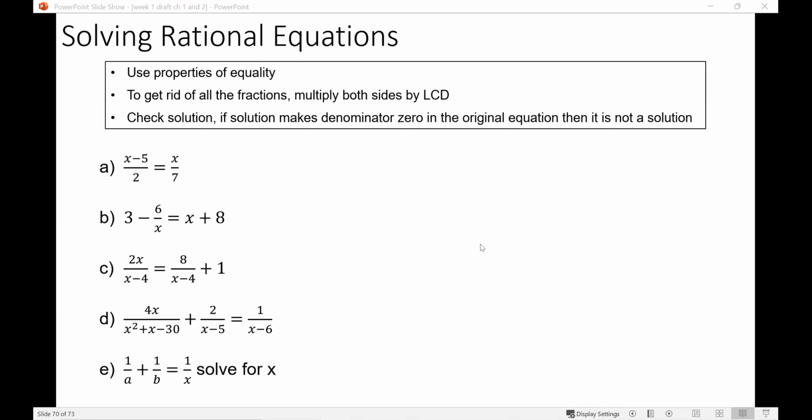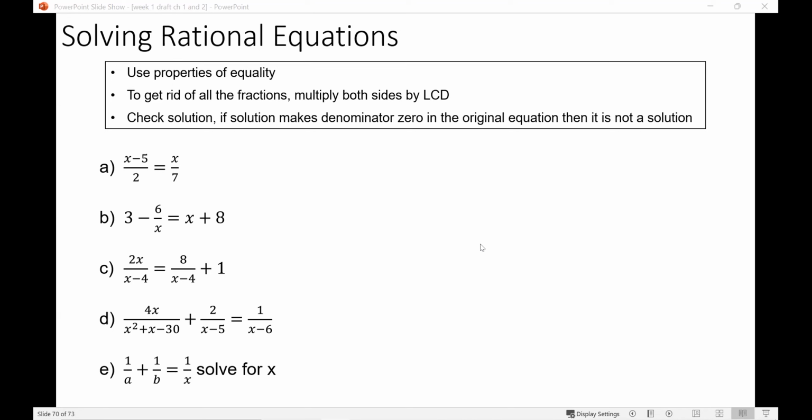You don't have to use this technique, but unless you want to be adding and subtracting fractions from both sides, it's a good idea to multiply both sides by the LCD of every fraction in your equation. And that will get rid of the denominators, and then you no longer have fractions, and it's a lot simpler to solve from there.